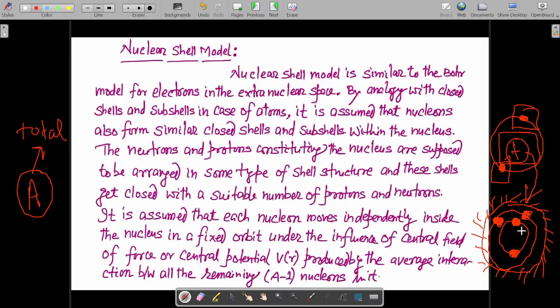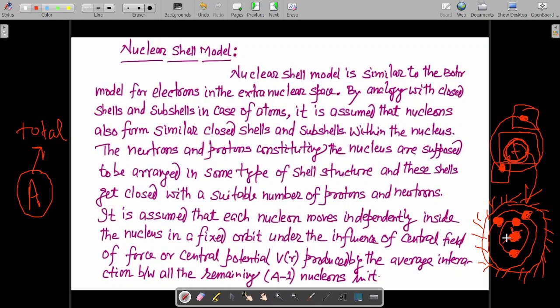So the nucleons are also revolving around a hollow central field. In the case of the atom, we had a nucleus, and because of the central field created by the nucleus, the electrons were revolving. But over here the center is blank.